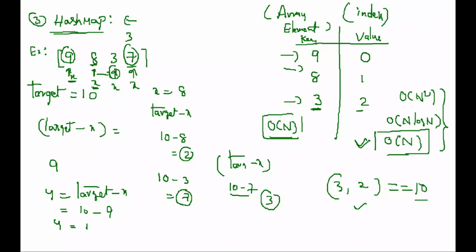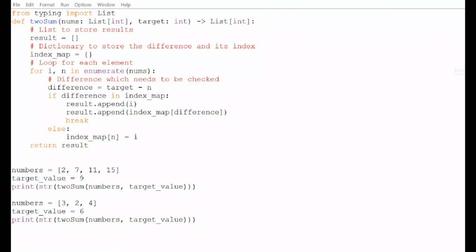I hope everyone is understanding the problem. So I explained to you how to solve the two-sum problem with examples. You can solve the two-sum problem by using brute force. It takes O of n square time.